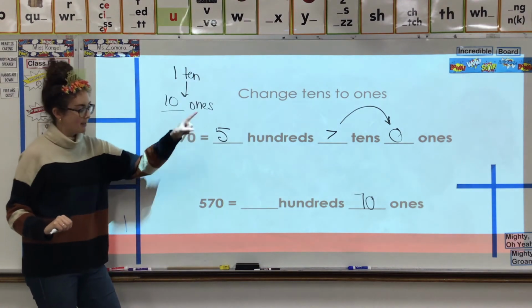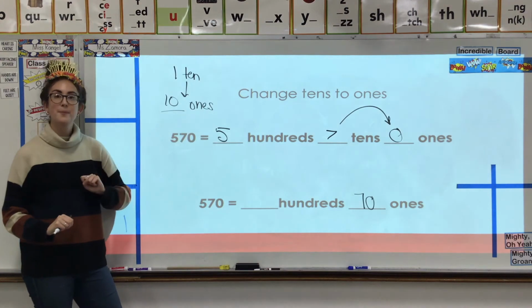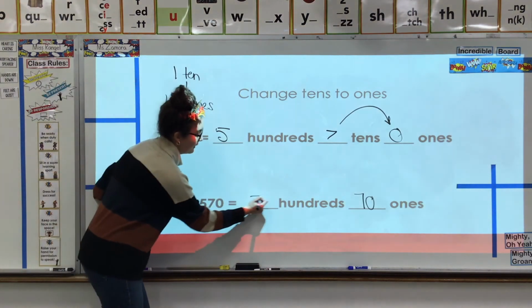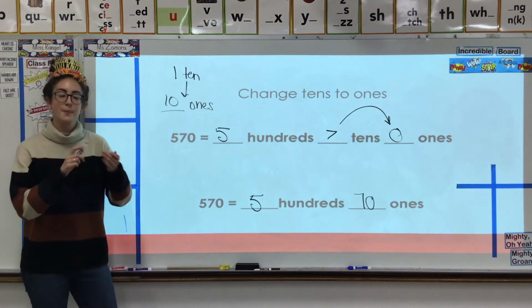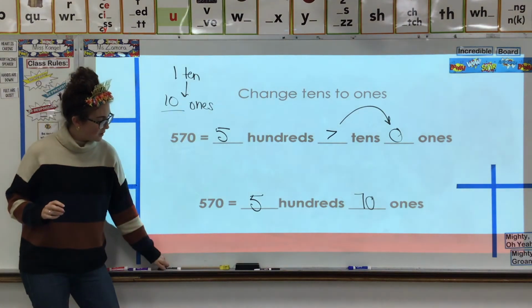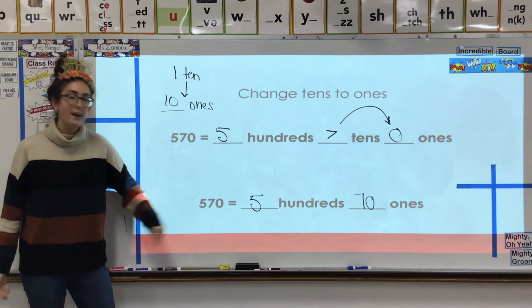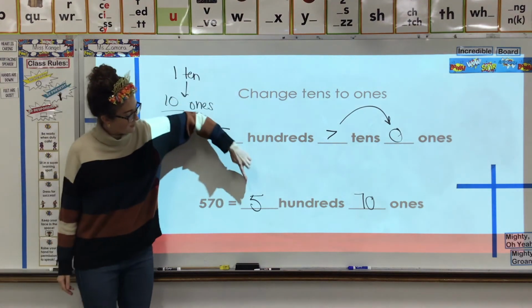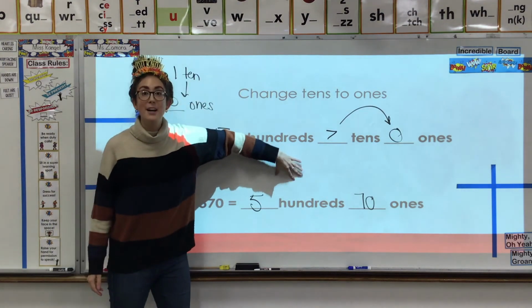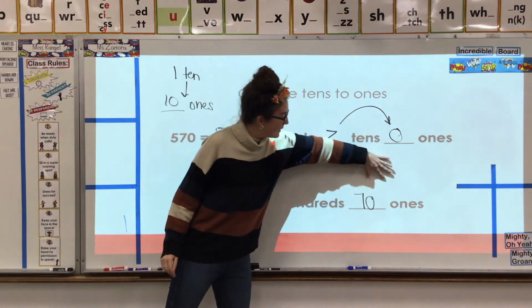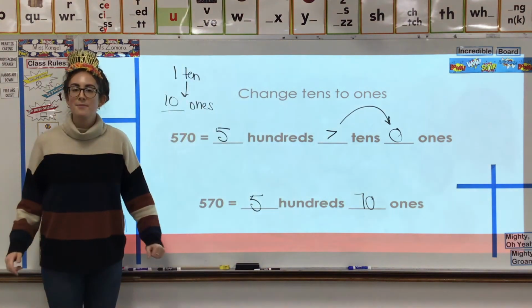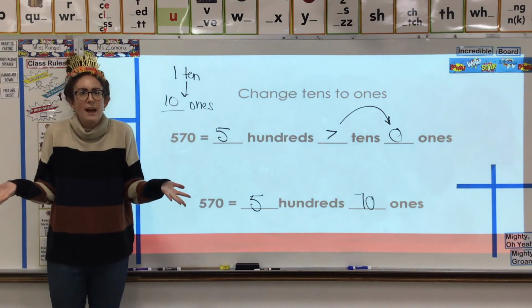What about hundreds? How many hundreds do we still have? 5 hundreds. That didn't change. So second grade, what is another way we could show the value of 570? With 5 hundreds and 70 ones. And how were we able to figure that out?